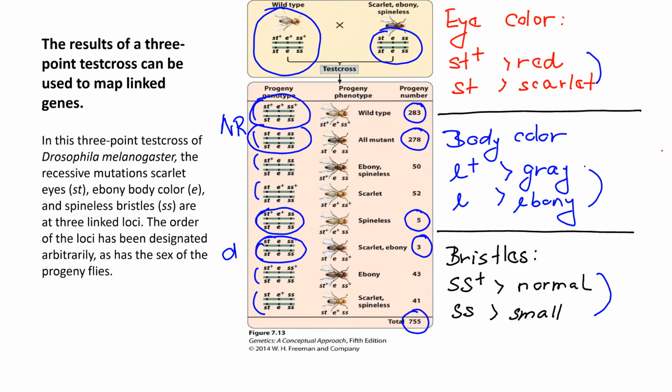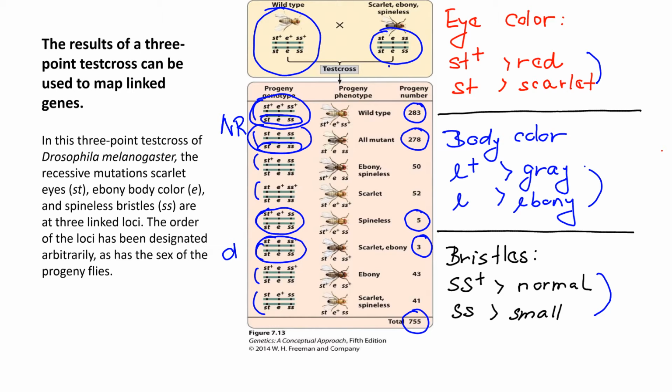So you can define which gene is in the middle, and we discussed it in a previous recording. Which gene is in the middle? You remember, you compare the genotype of double crossover to non-recombinant. If you look at non-recombinant, of course, the recessive alleles were received from the tester.